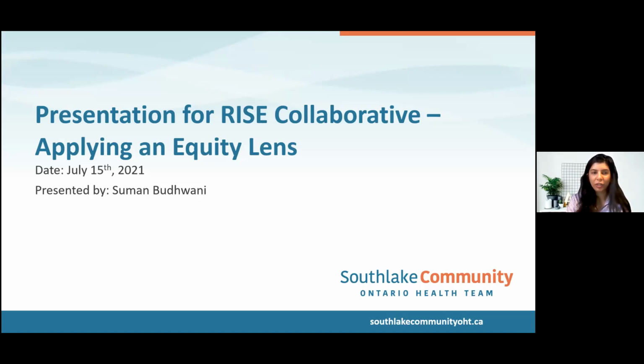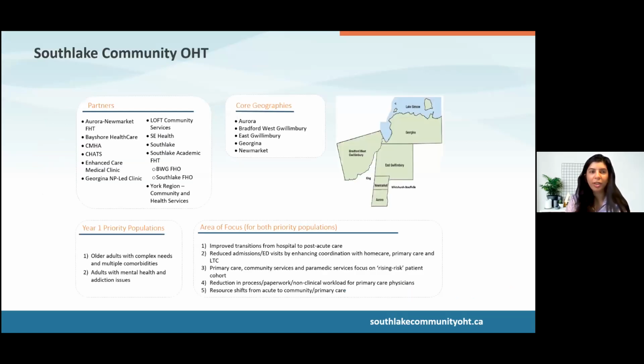So the first thing that I'll do is actually provide an overview of the South Lake Community OHT. So geographically, we're actually located in the northwestern side of York Region. These include core geographies of Aurora, Bradford, West Gwillimbury, East Gwillimbury, Georgina, and Newmarket. And as you can see, we have a wide variety of anchor partners who are part of our OHT.